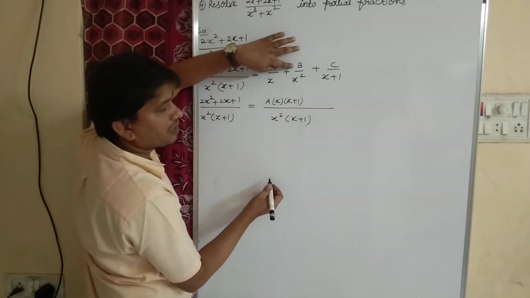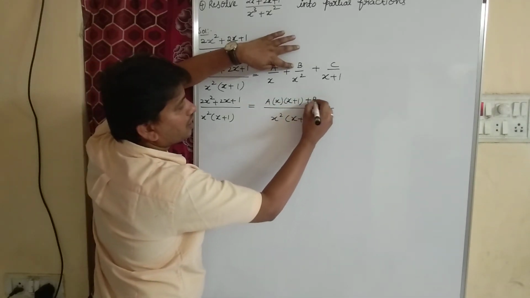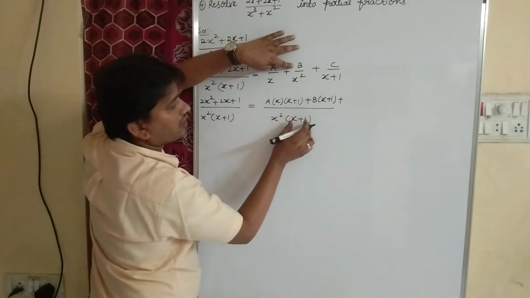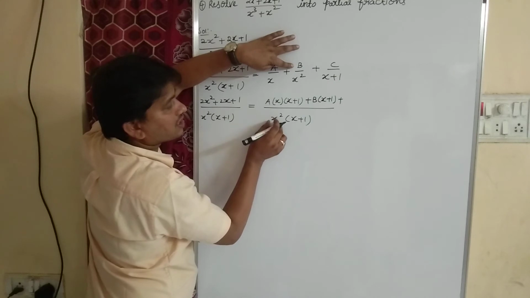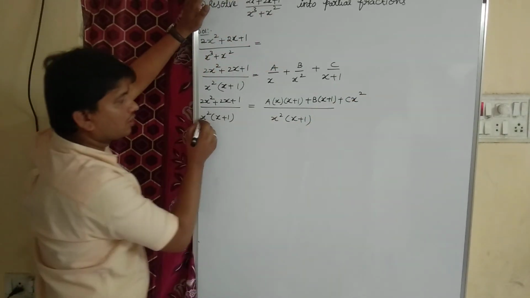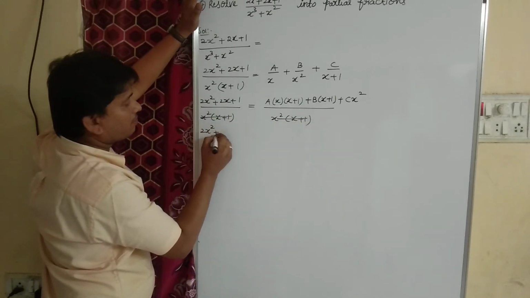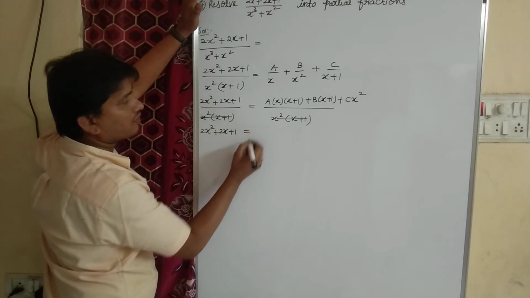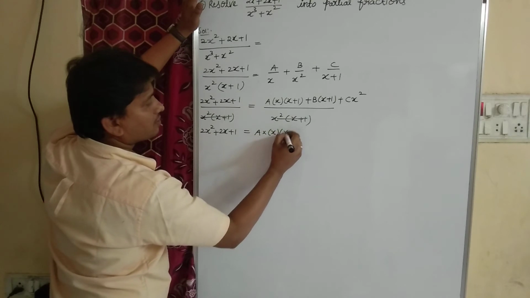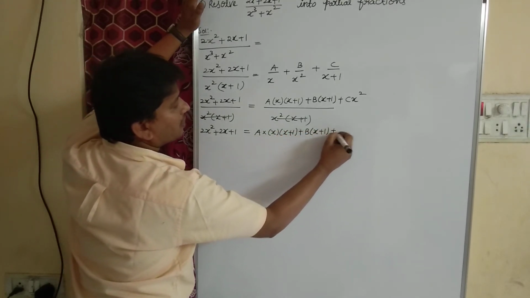Coming to term b, we have x square term, we don't have x plus 1 term. So b into x plus 1. For c, already we have x plus 1 here, we don't have x square term. So this will become cx square. So I can cancel this. So 2x square plus 2x plus 1 equal to a into x plus 1 plus b into x plus 1 plus cx square.